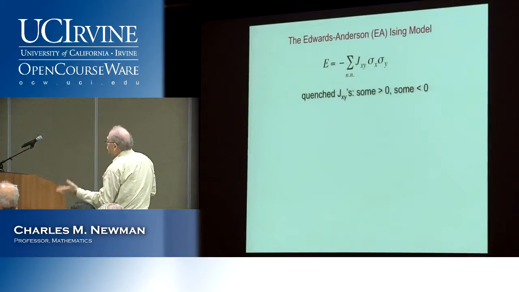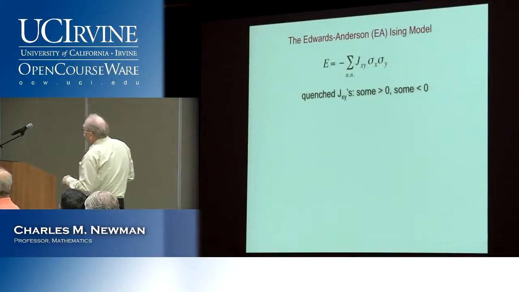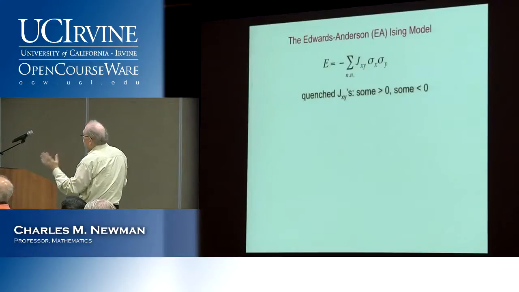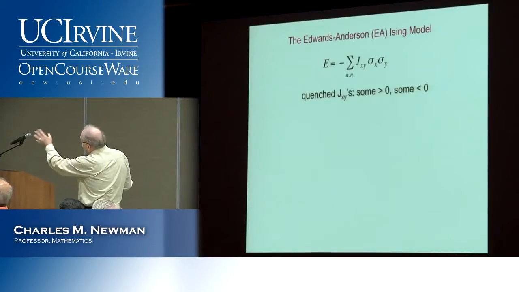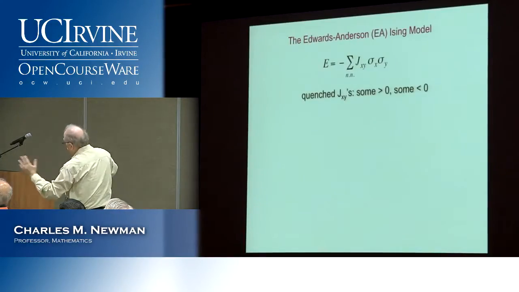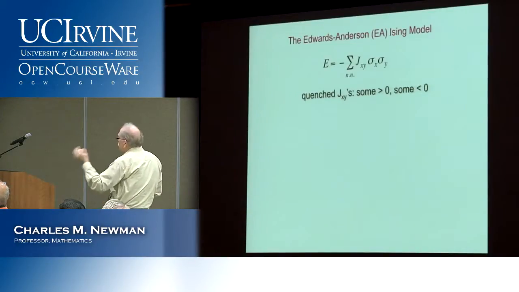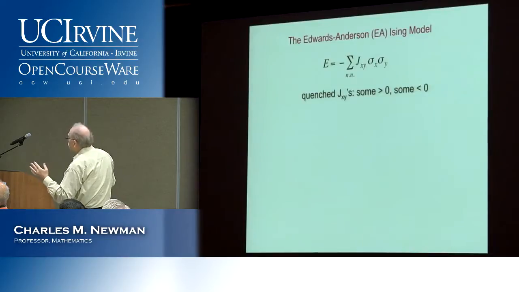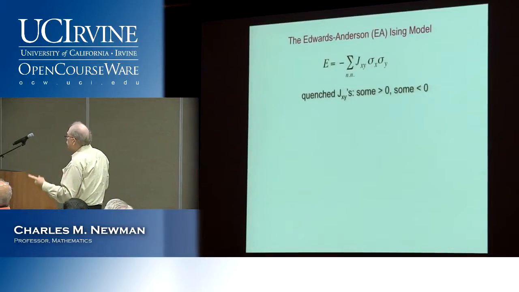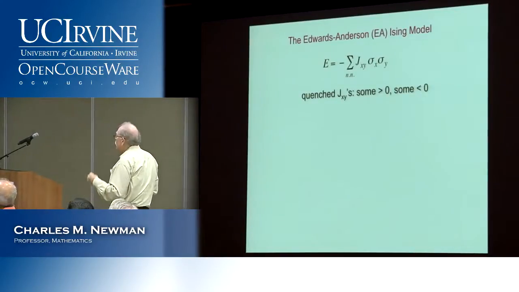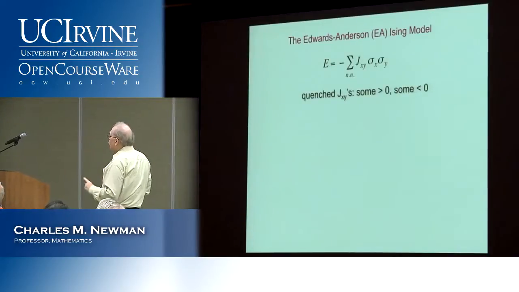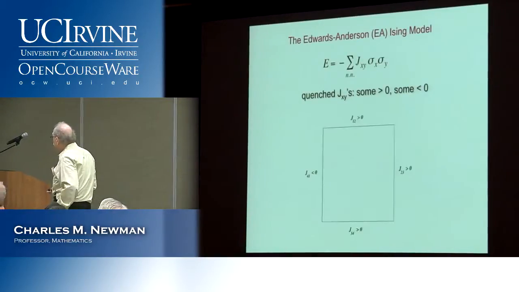Some of them are positive, some of them are negative. Positive ones means that the neighboring spins, you sum over nearest neighbors in a regular structure of locations, when that coefficient is positive, means those arrows want to be pointing in the same direction when you have very low energy, and when it is negative they want to be pointing in opposite directions.